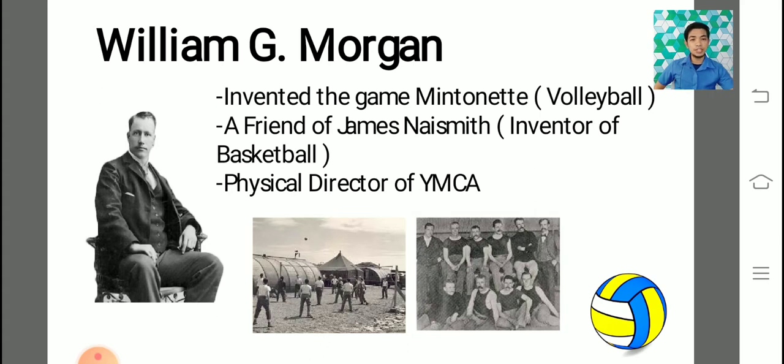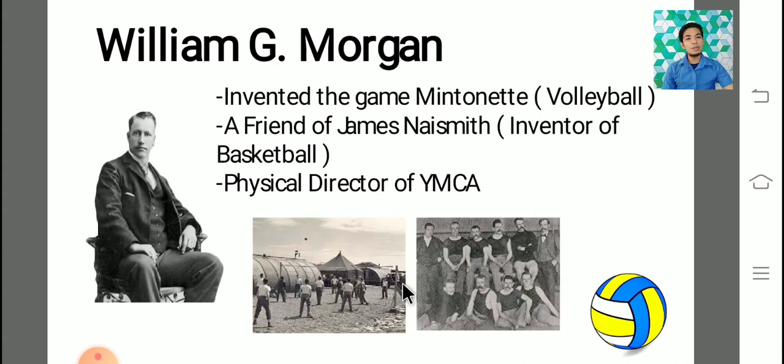So as what you can see in the screen, itong picture sa baba, nakapantalon lang yung mga players dito kasi, yan nga pala, ang unang mga naglaro sa larong volleyball or the mintonette ay siyempre yung mga katrabaho rin ni William Morgan na mga businessmen.